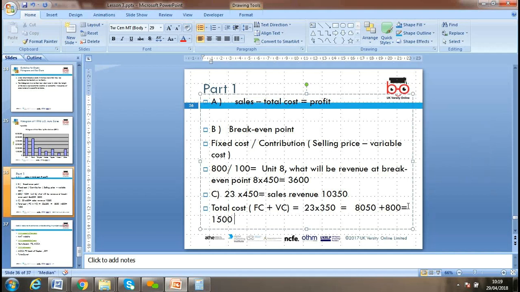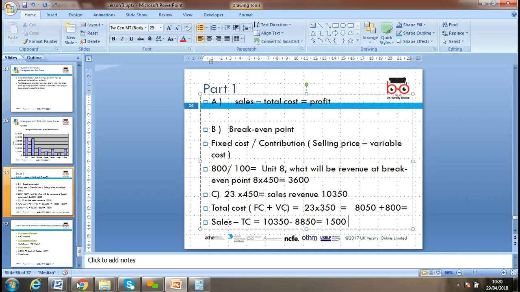Yes, 1500 is a profit. If you want to write it, you can write it as an equation: sales minus total cost equal to profit. So sales is 10,350, total cost 8,850, equal to 1500. That's our profit.